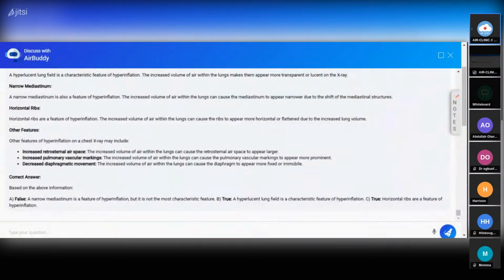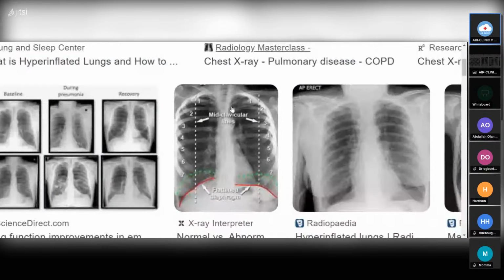As you can see, you just manage this image. The image of X-ray features of hyperinflation. After that, we'll come back to it.